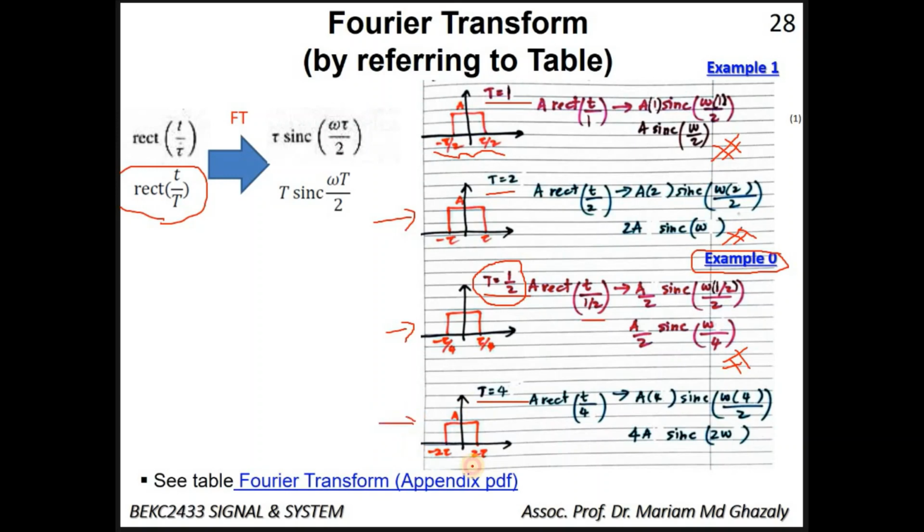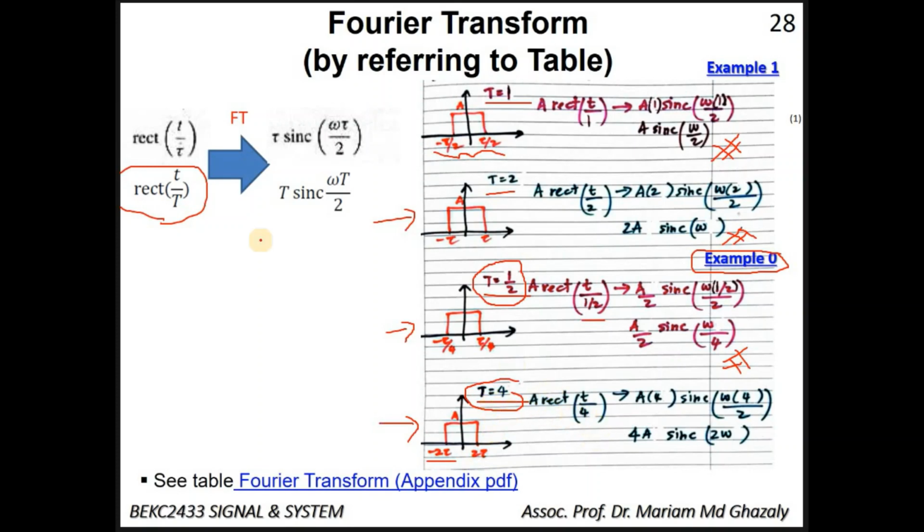And lastly, we are given the period from minus 2 tau to 2 tau. So you will have T equal to 4, because the left side is 2 tau and the opposite side is 2 tau, so you get a total of 4.